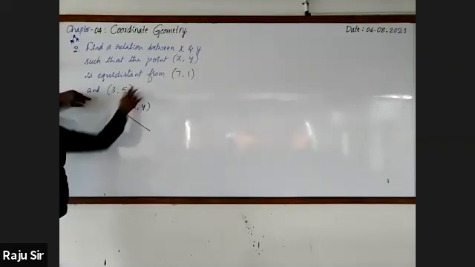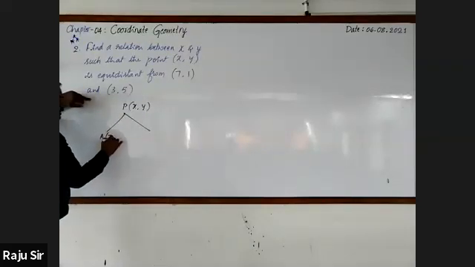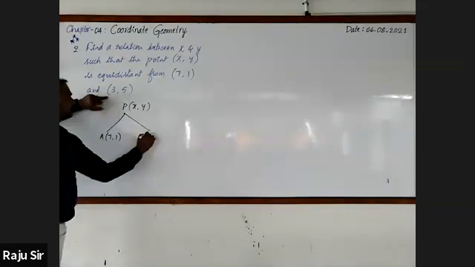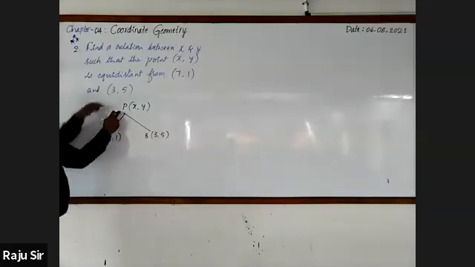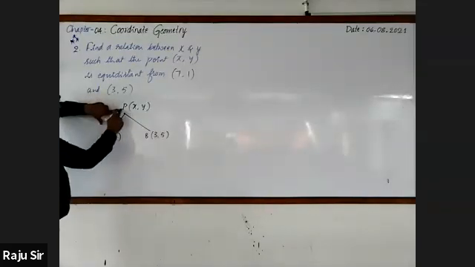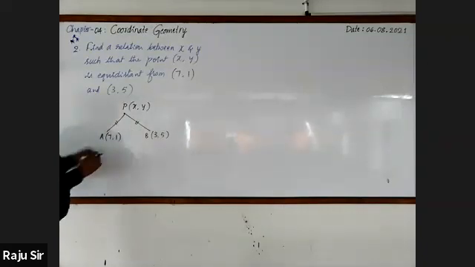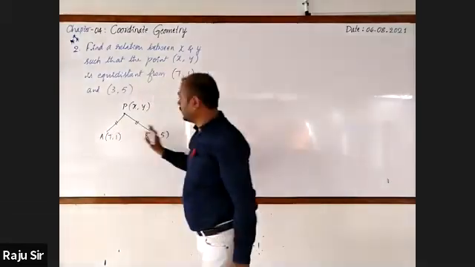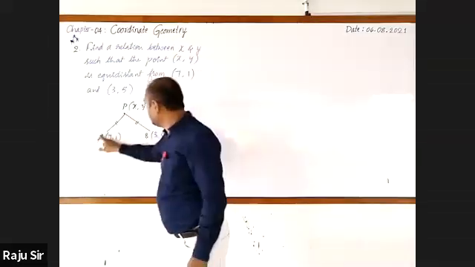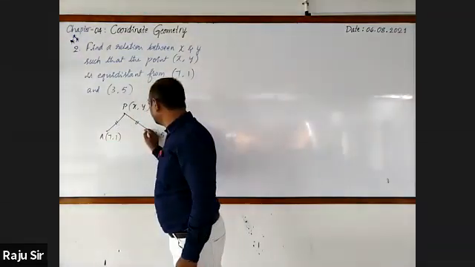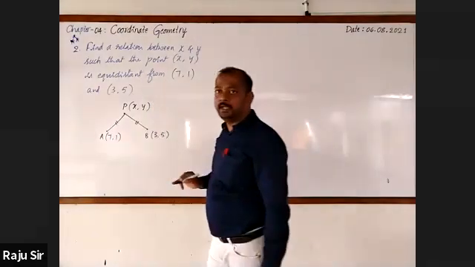I call the first point A, it is 7 comma 1. B is 3 comma 5. Point P is equidistant from A as well as B, which means PA is equal to PB. Both are equal.